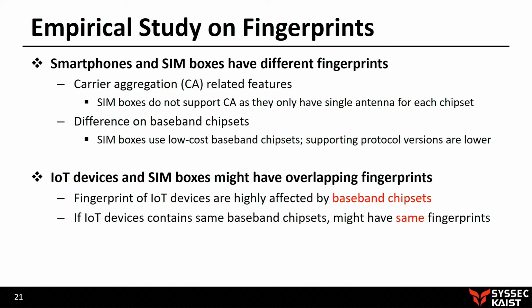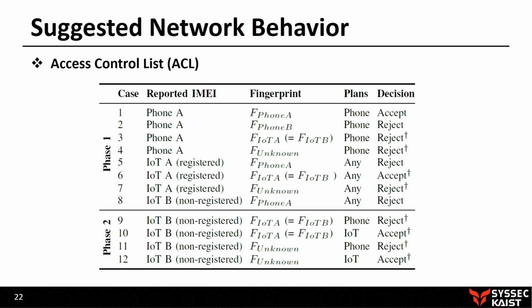However, we also observe that IoT devices and SIM boxes might have overlapping fingerprints if they use the same baseband model. Because of this, that's why we presented an access control list, which is a suggested network behavior to ban SIM boxes on the real network.